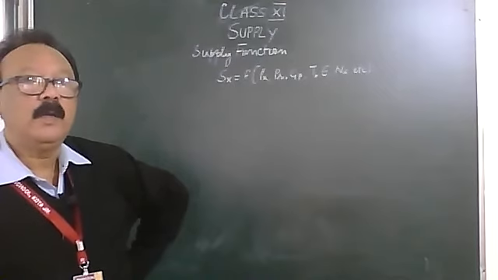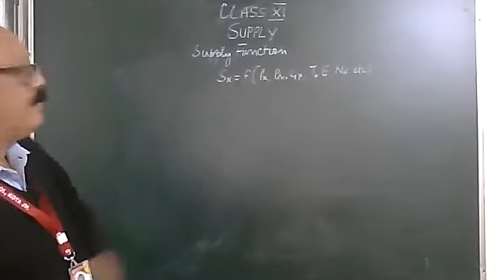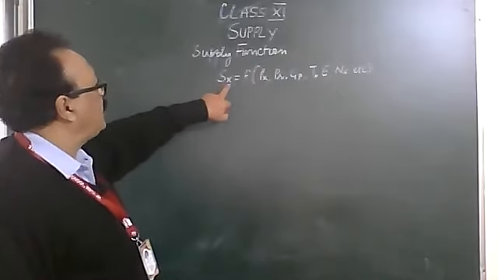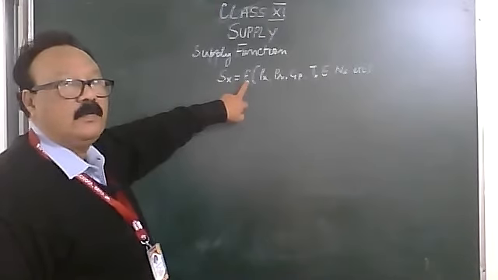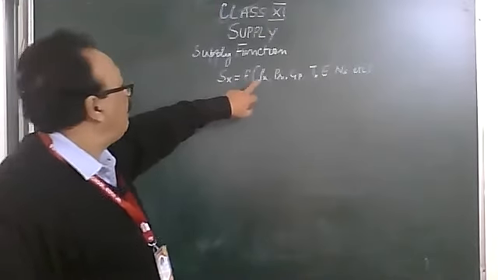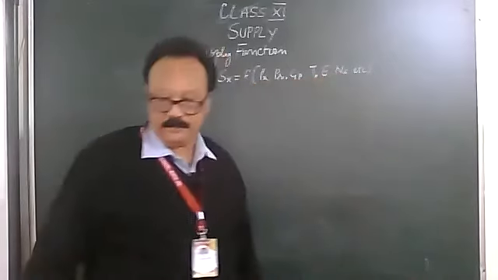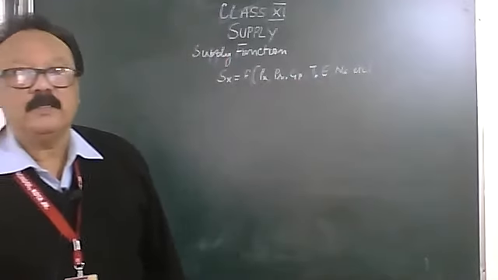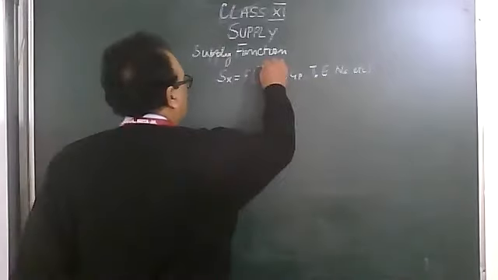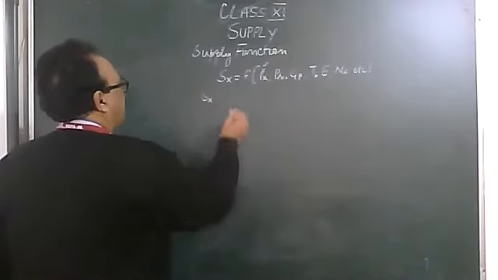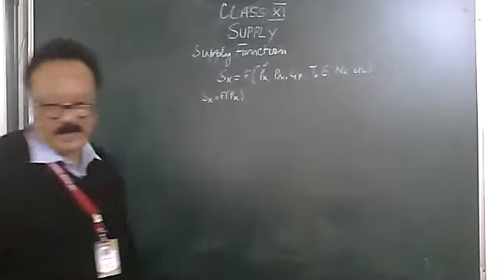So we read this as: the supply of a commodity X depends on the following factors. The following factors which determine supply are Px, Pr, GP, T, E, Nf, etc. Now we will study about them individually, one at a time. First, supply for a good X depends on Px.